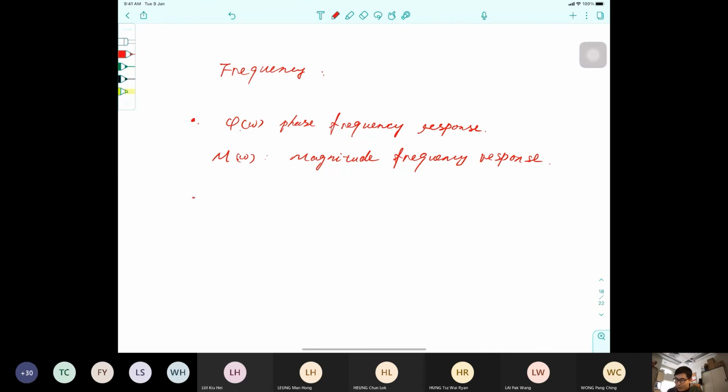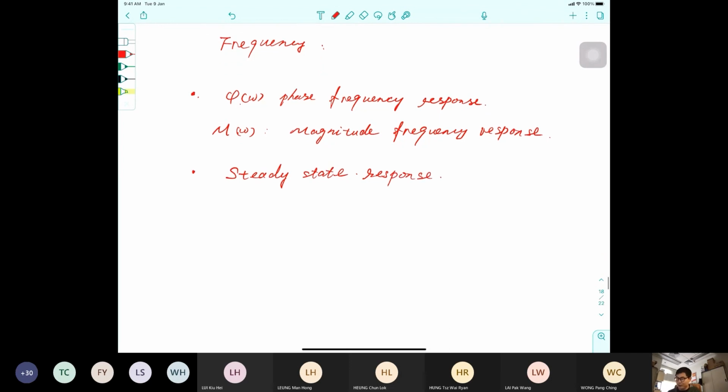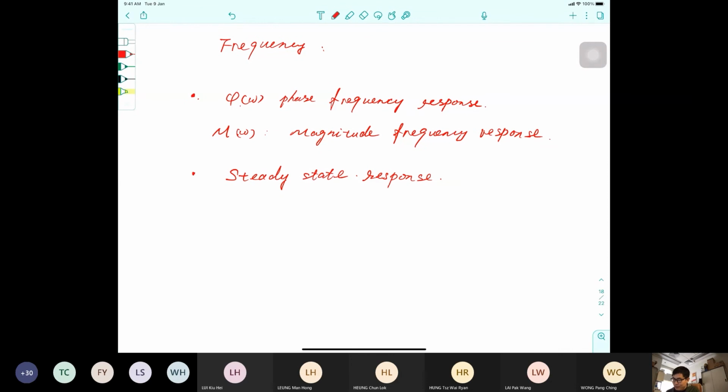Also we know this is the steady state response of a system in the frequency domain, so we also call it the frequency response.